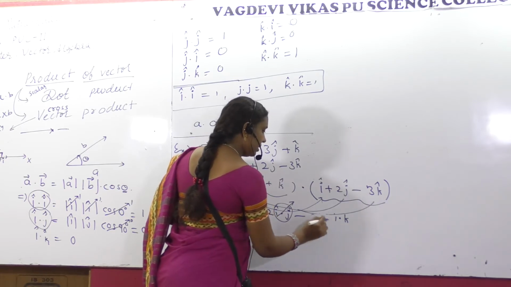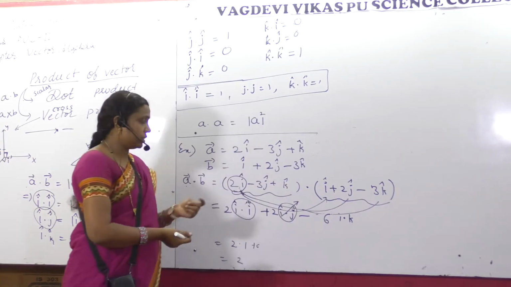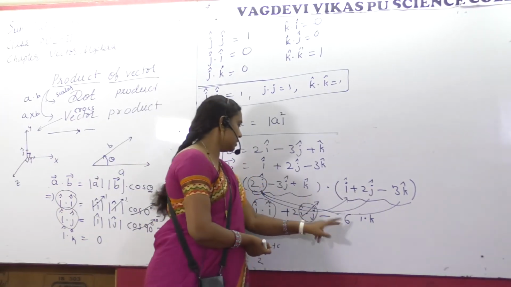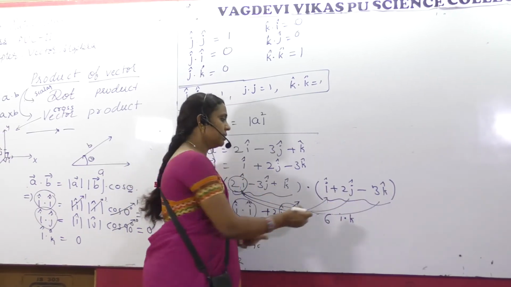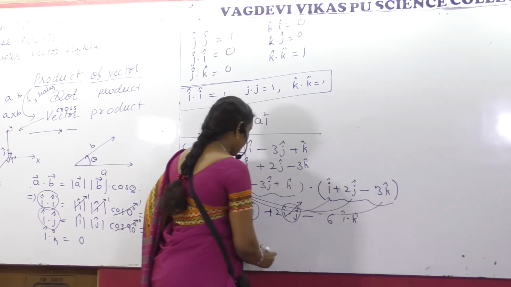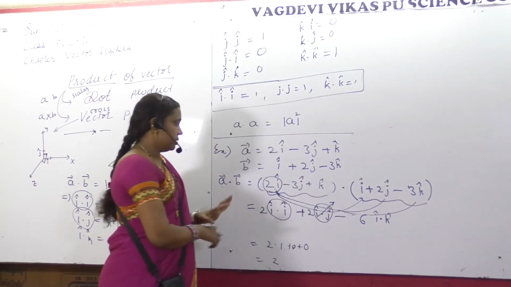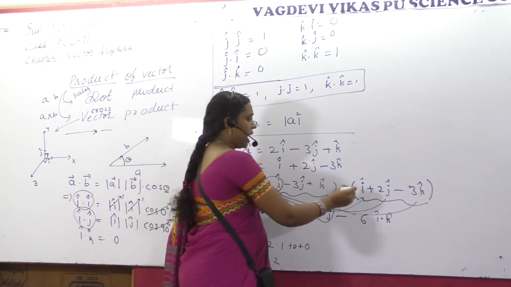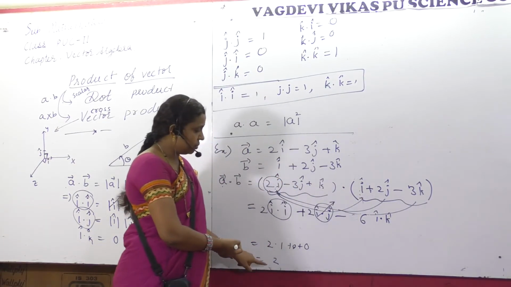Can I write it directly? Again, if I write cross, you will be under confusion. That's why 2 3s are 6. Plus into minus is minus. i dot k is 0. Only i with i gives you a number.